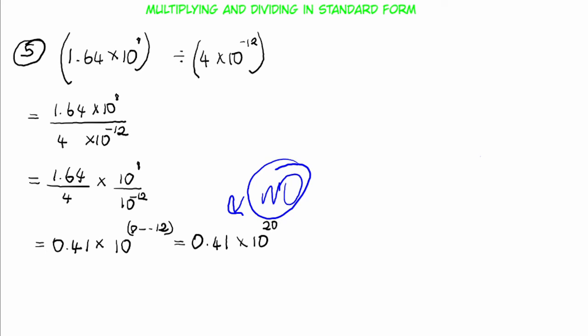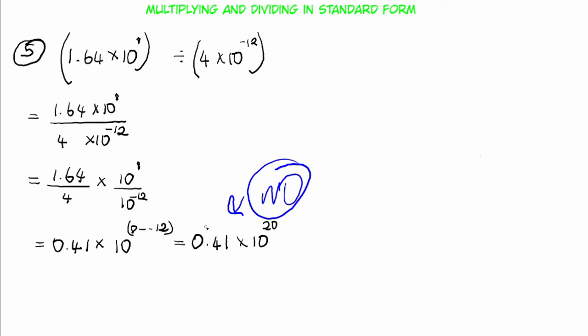Definitely not. Remember, standard form, the a value has to be greater than or equal to 1. 0.41 is less than 1. What do we do? Well, here, to get this into standard form, we would have to multiply the 0.41 by 10. So we would then subtract 1 from the power of 10.